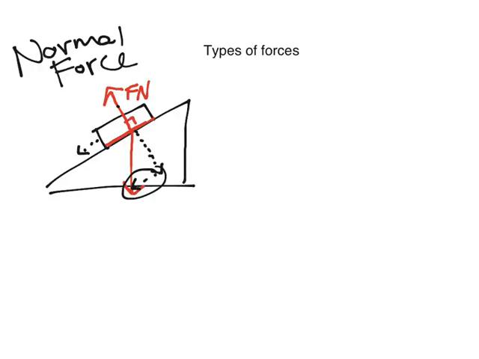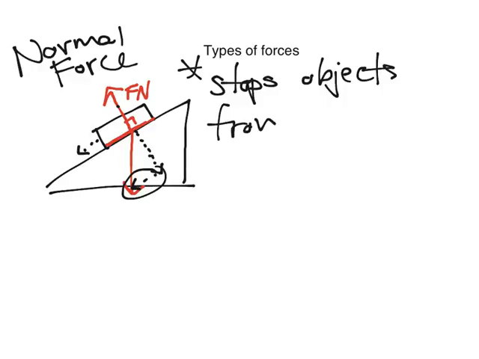So there's no true equation for normal force. We'll talk about it later when we get into sine and cosine. But just know that normal force is always perpendicular to the surface, and you can think of it as the force that stops objects from falling through other objects.